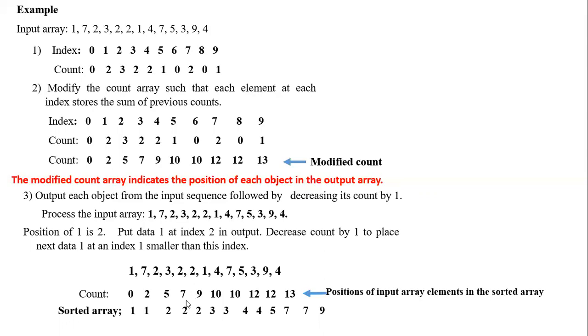We insert 2 here and decrement its counter, it becomes 7, etc. After scanning the complete array, we'll have the sorted array here, as you see.